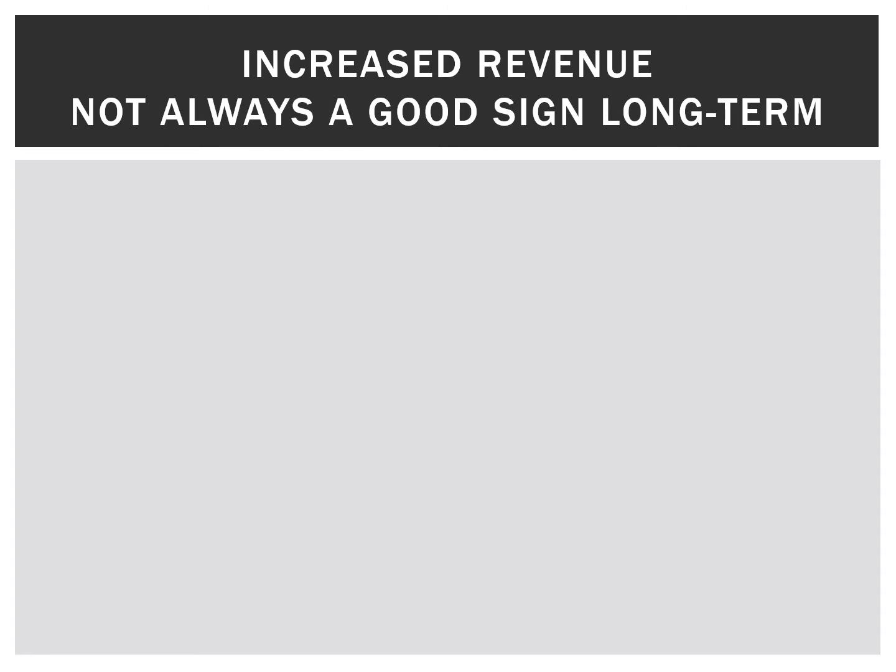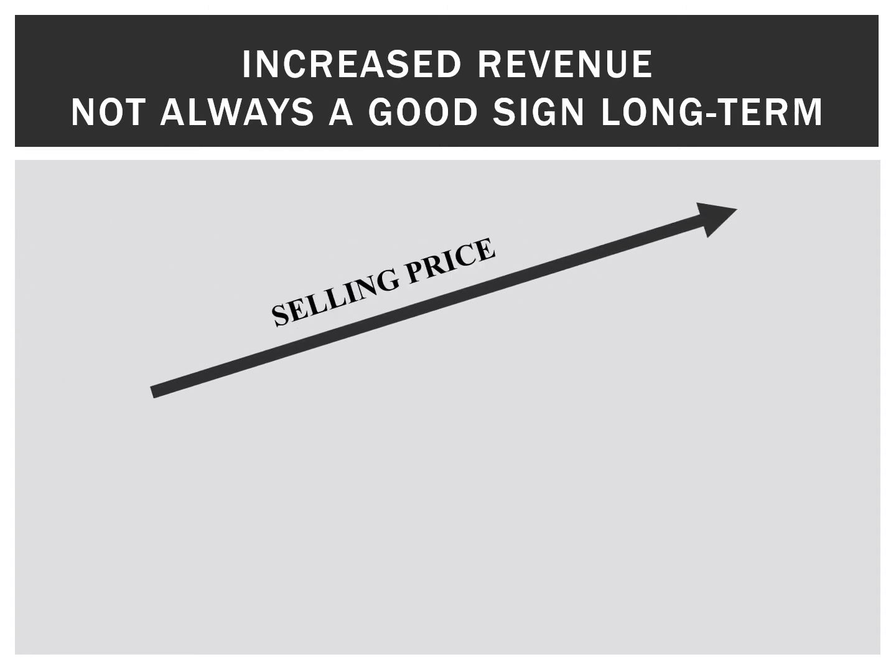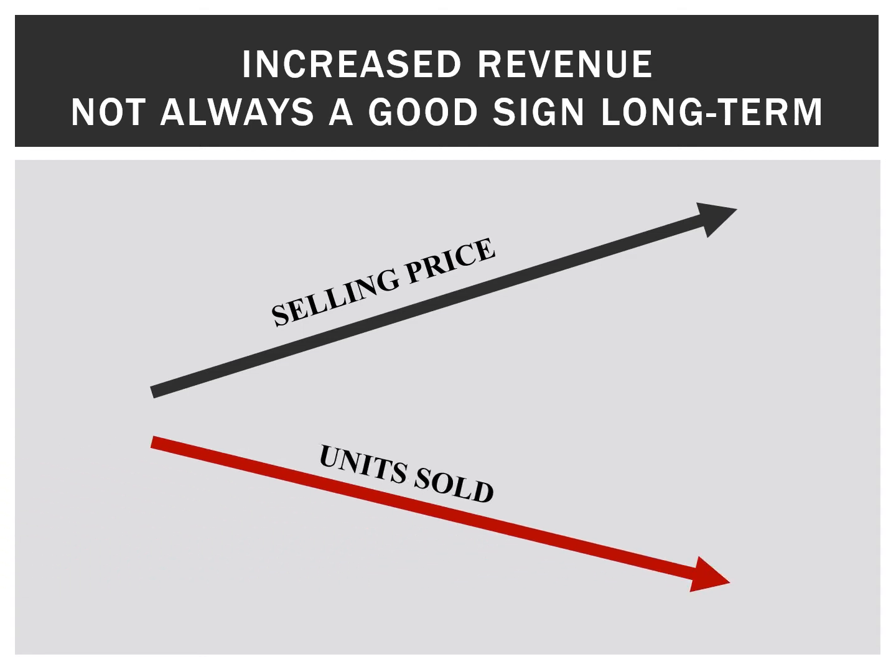Now, although generally speaking, increases in revenue are a good thing, you need to be aware that it might actually conceal a long-term problem, because it may conceal the fact that we're losing our market share and we've had to put up our selling price to compensate for fewer units sold.